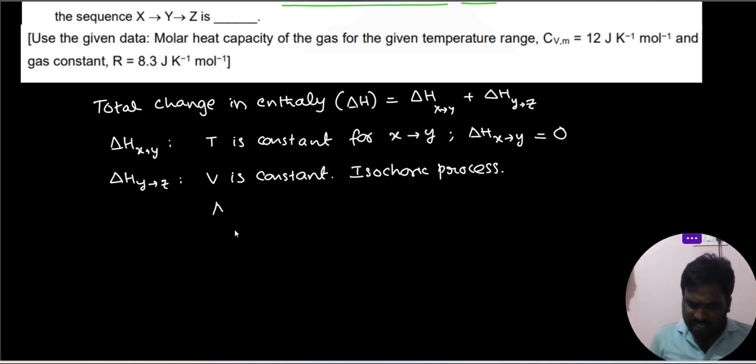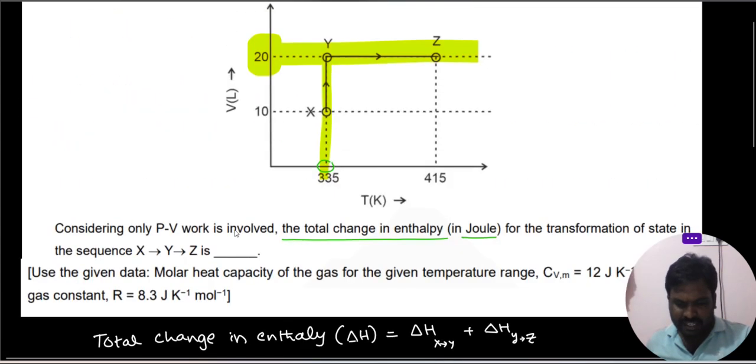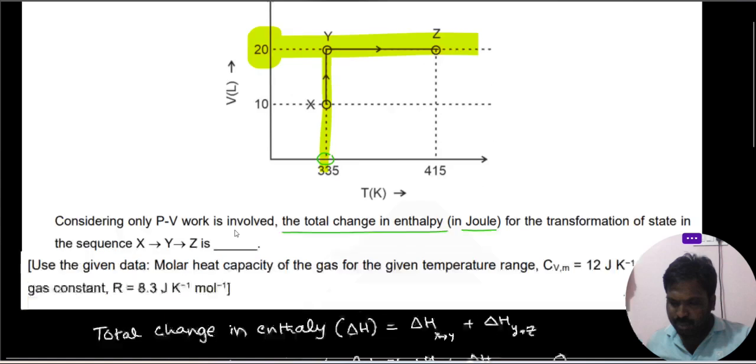Then first we can calculate delta U for the Y to Z process. Delta U equals n into molar heat capacity at constant volume into delta T, that is n CV (T2 minus T1). How many moles of gas are given? 5 mole ideal gas.